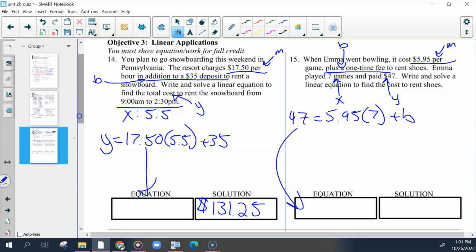If you use the point slope, I gave you credit for that. If you didn't and used this, I gave you credit for that, if it was correct. And then we're solving. So multiply, subtract.